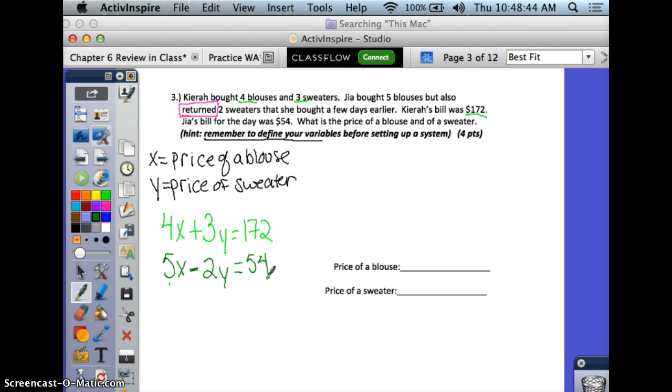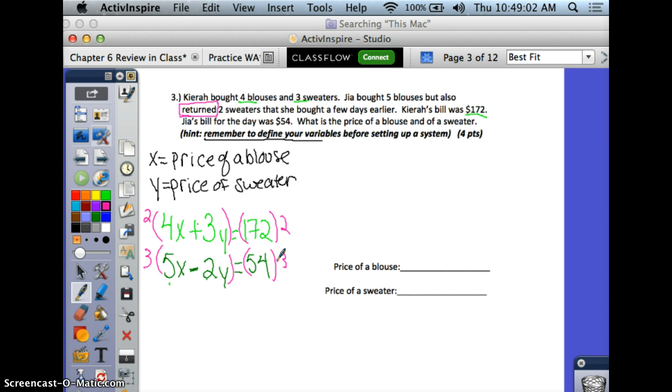Now, because my Y's are negative and positive, I'm going to use elimination. So I want to make 3 and 2 into a positive and a -6. So I have to multiply the top equation by 2 and the bottom equation by 3.